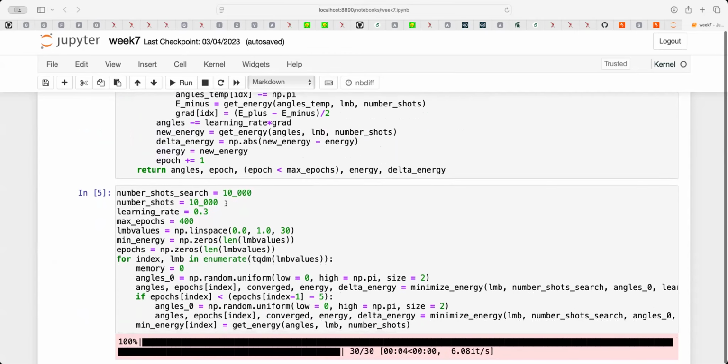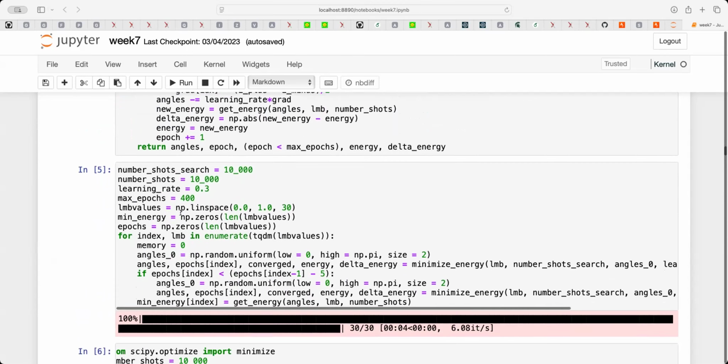I set the number of shots to be 10,000, so I'm doing this 10,000 times. I have my learning rate, which is the parameter I multiply the gradient with. So this becomes a parameter we normally fine-tune, unless you want to use a more advanced method.